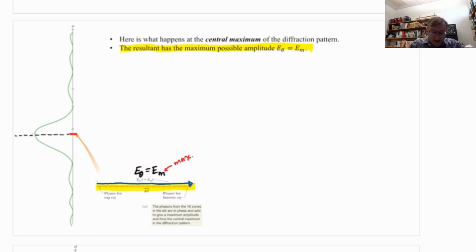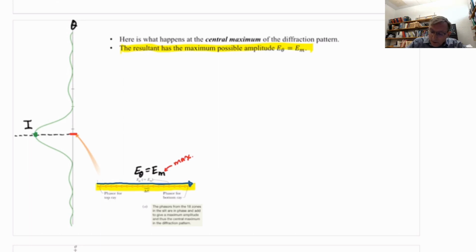It's even sketched here, sideways, in the green color, in a curve. That's actually a plot, it's kind of hard to see, of the intensity versus theta. And the fact that we're at a peak here is telling us that it's the maximum intensity at the central maximum.